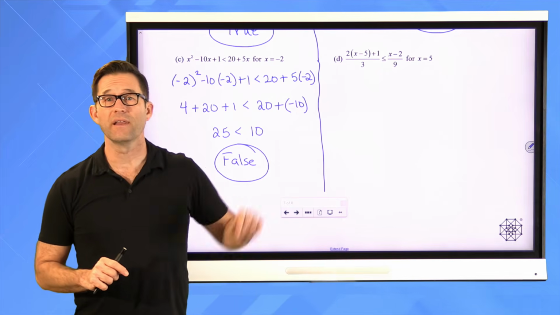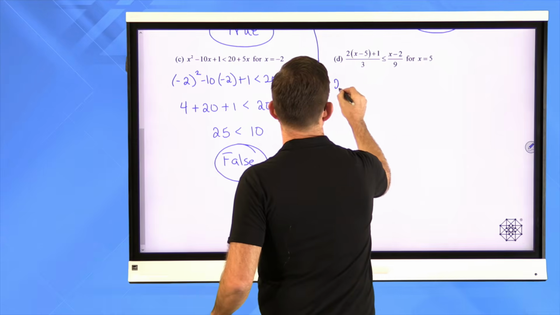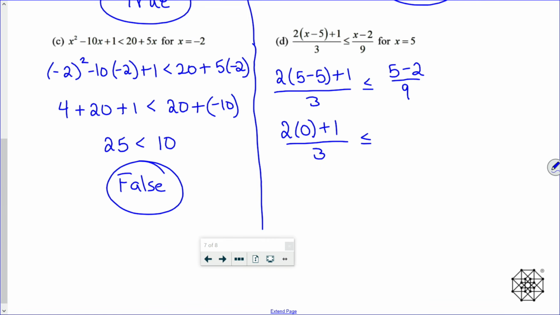All right, let's take a look at letter D. Here we go. Final one. So we've got 2 times 5 minus 5 plus 1, all divided by 3, is less than or equal to 5 minus 2 divided by 9. All right, in the numerator of that first fraction, 2 times 0 plus 1, divided by 3, is less than or equal to 3 divided by 9. 2 times 0 is 0. 0 plus 1 is 1.